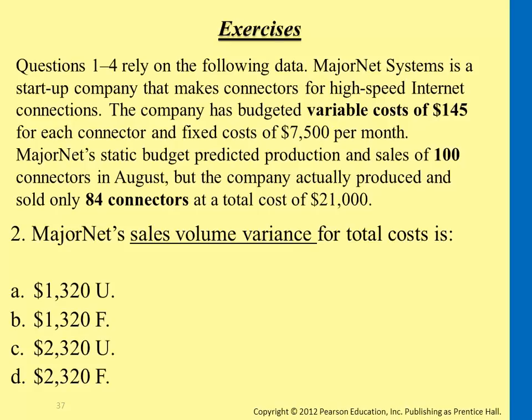That would be D. So how did you get that? Well, I subtracted the budgeted number of units, 100, minus the actual. So that would be 16, right? And multiplied by the variable cost plus the fixed. Okay, so would this be favorable or unfavorable?